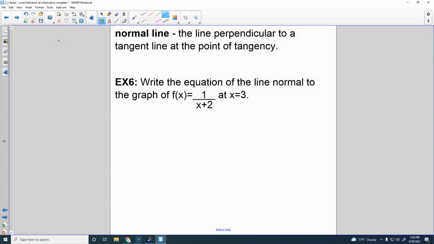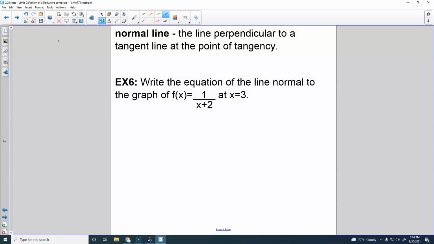Okay. All right, let's do this last one. I'm mostly doing this in case I give you some old problems. I don't think they put normal line questions on the AP exam anymore. But the normal line is the line perpendicular to a tangent line at the point of tangency.